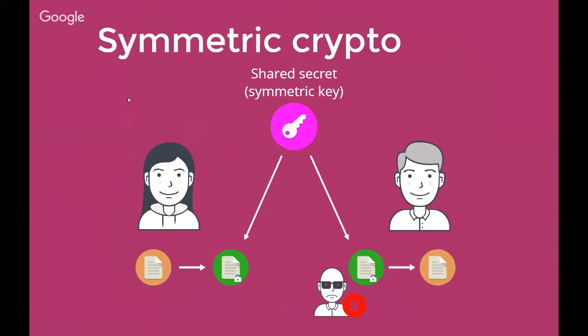And here, an attacker couldn't decrypt the file without having this shared key. So Bob, or any other person knowing the shared secret, would be able to decrypt this data. That's why it's called symmetric encryption and decryption. That's because it's the same key that is used for both encryption and decryption.